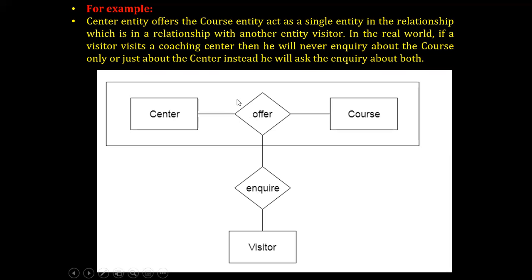But if I combine center offers courses into a single entity type, then we can interpret this as, instead of inquiring the center about the course, he will inquire about both directly.